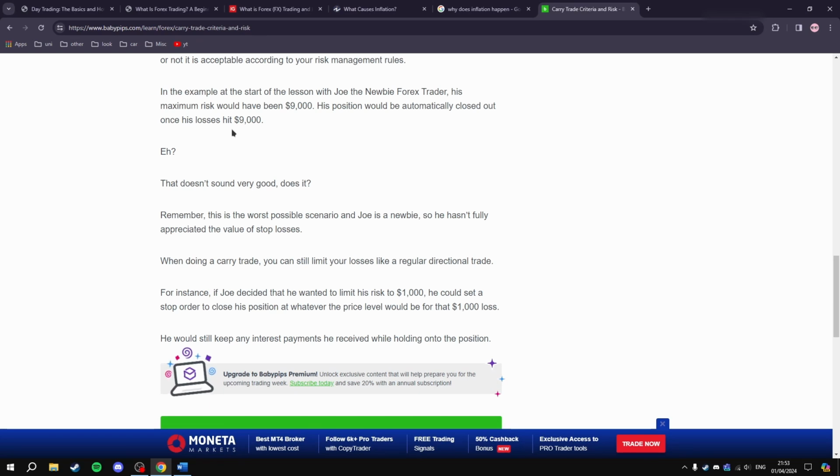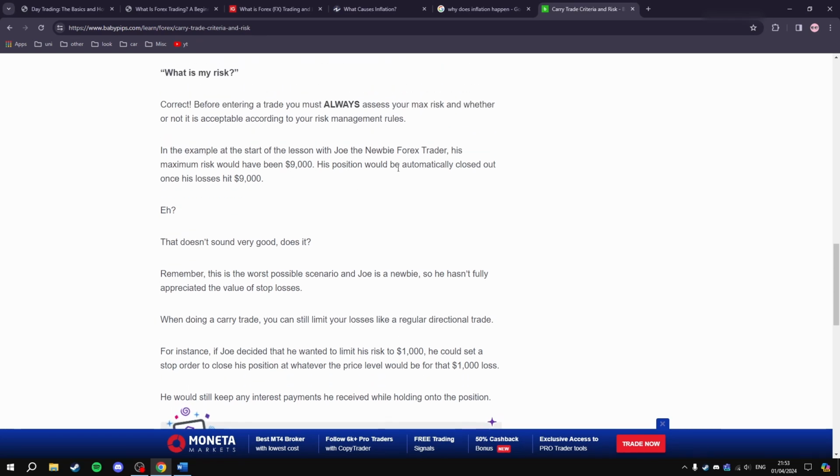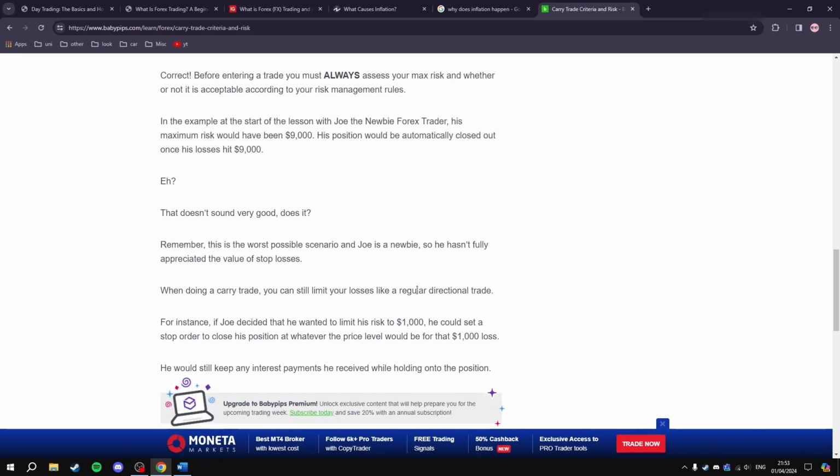In the example at the start of the lesson with Joe and the newbie Forex trader, his maximum risk would have been 9,000. His position would be automatically closed out once his loss hits 9,000. Eh? That doesn't sound very good, does it? Remember, this is the worst possible scenario and Joe is a newbie, so he hasn't fully appreciated the value of the stop loss.